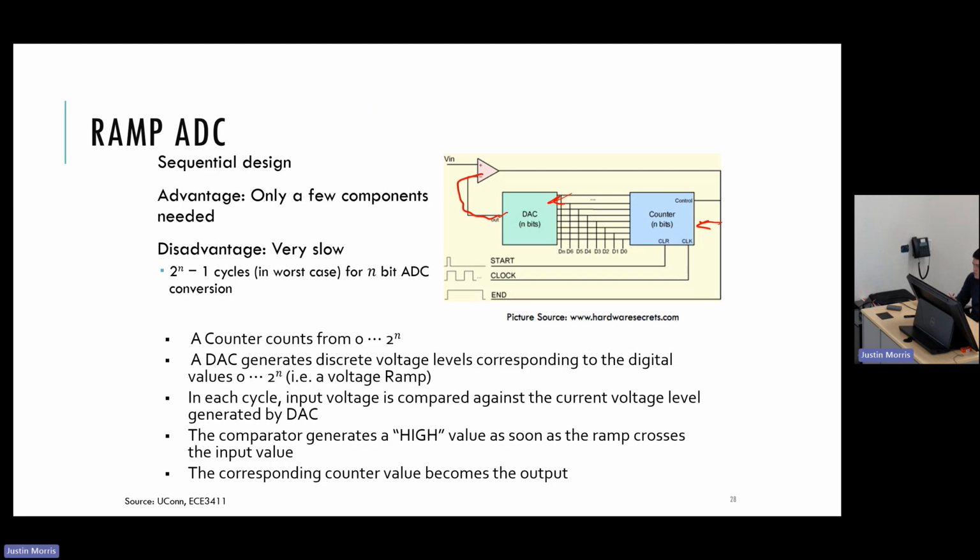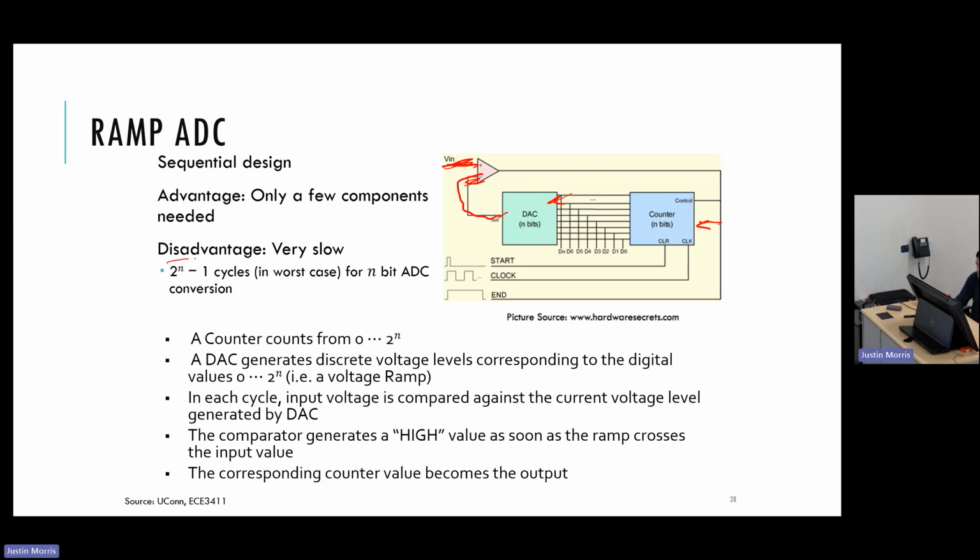And it's just trying to figure out, okay, when is this input voltage finally less than the voltage that I'm giving here? And when that is the case, that means the input voltage belongs to the previous threshold, right? So it just cycles through all of your different combinations and figures out which one is the correct one.